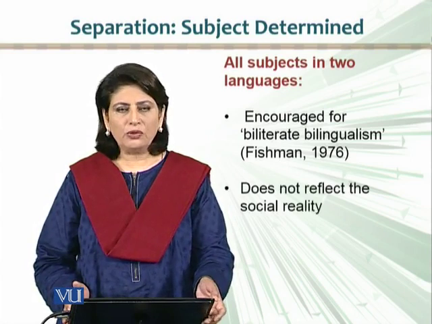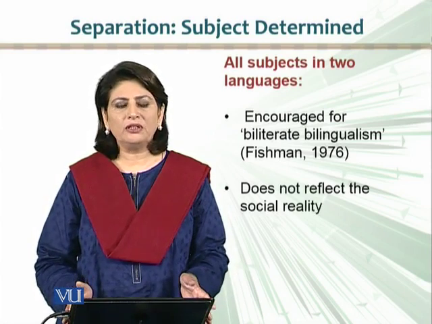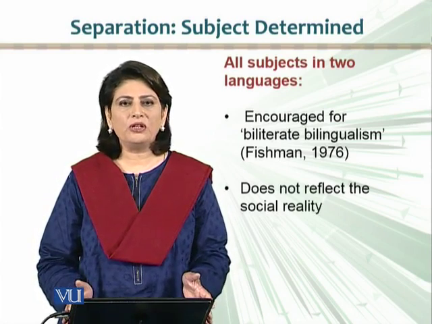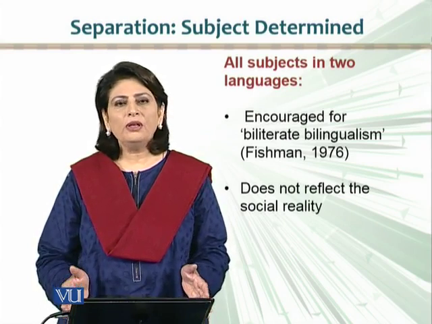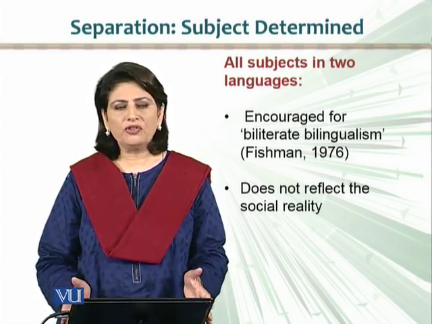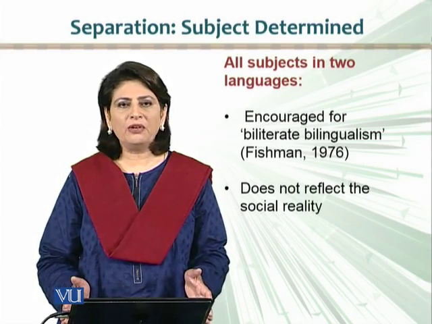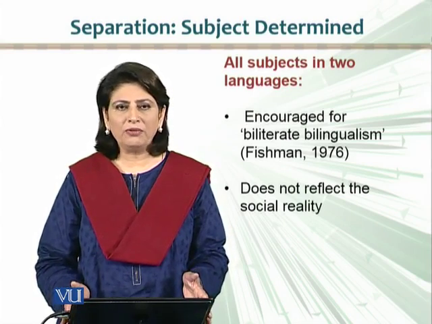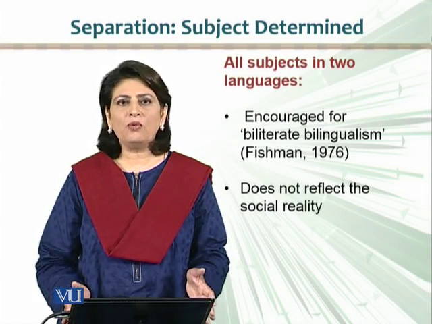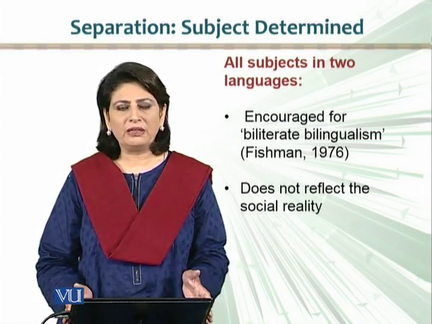Having said that, though it is an ideal situation, this does not reflect the social reality. What is the social reality? The social reality is that bilinguals might be very good in one language, while they may only be receptive bilinguals in the other.